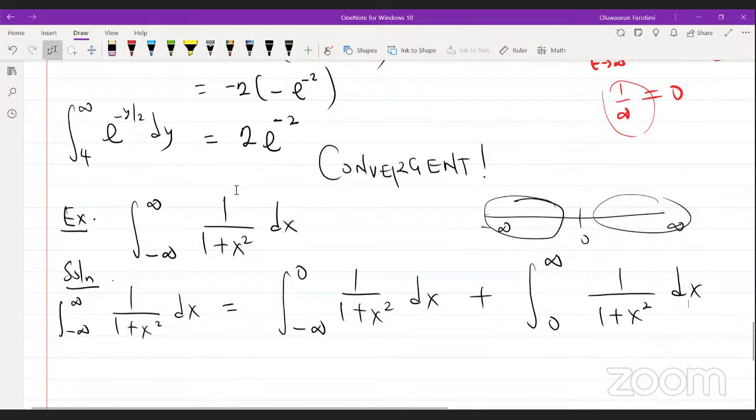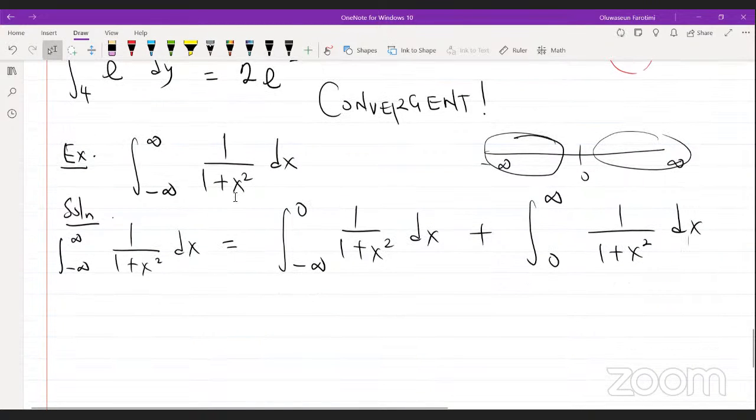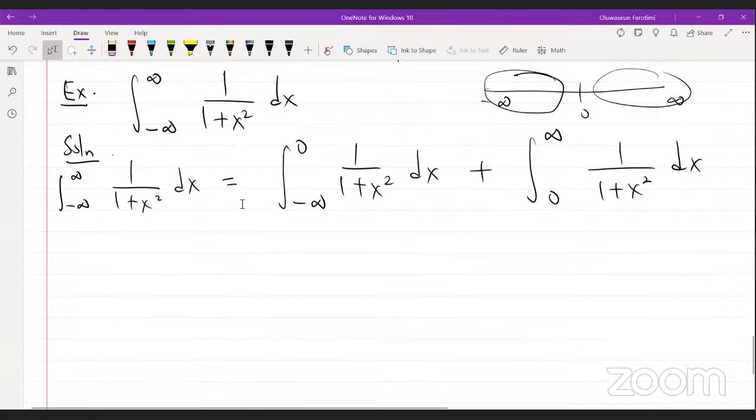All right, so the integrands, guys, are actually the same. The only difference is the bounds. So that way I can make life easy for myself, right? Each of these guys is an improper integral of type 1.